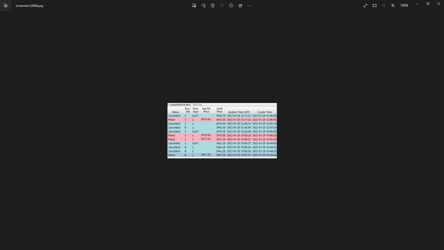So, my original entry that was filled, where is it? Filled 67 and a quarter. My other two canceled, and those were my two targets. Where is that add that I was trying? At 93. So you could see at 1242, I had a long put out for an add, sorry.